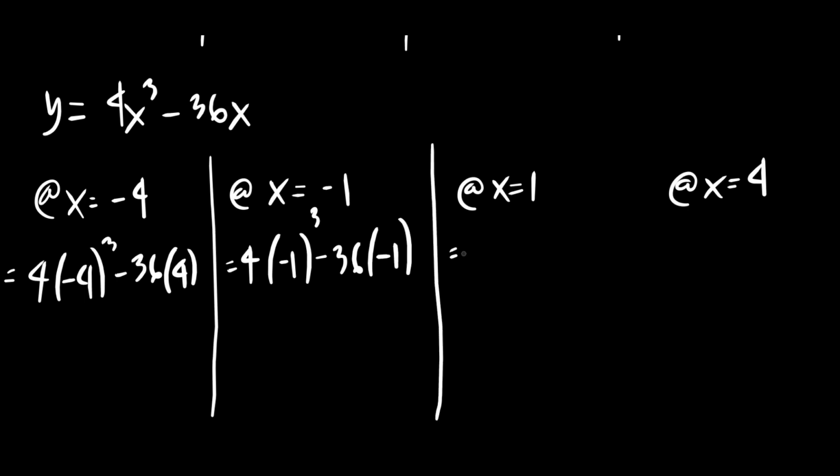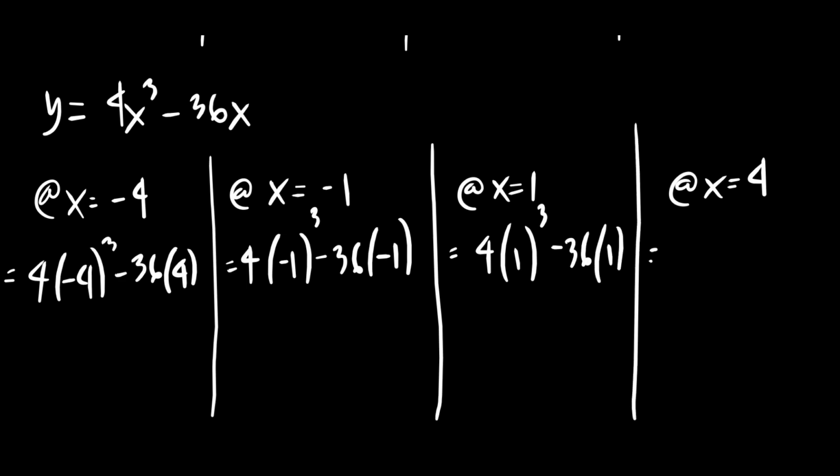Again, we'll have 4 times 1 cubed minus 36 times 1. And then 4 multiplied by 4 cubed minus 36 times 4. So by using a calculator, we'll calculate these values of y.